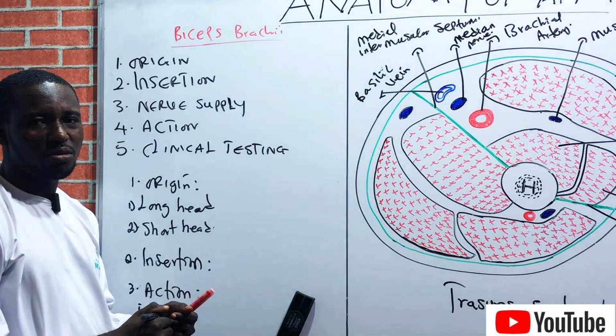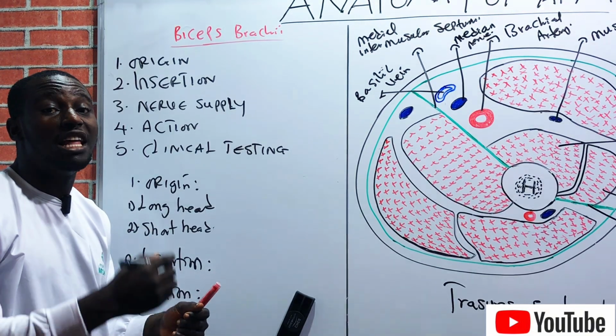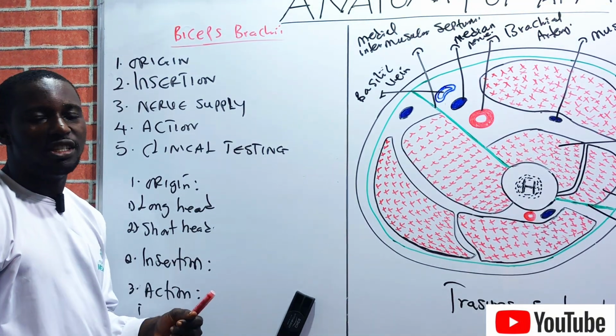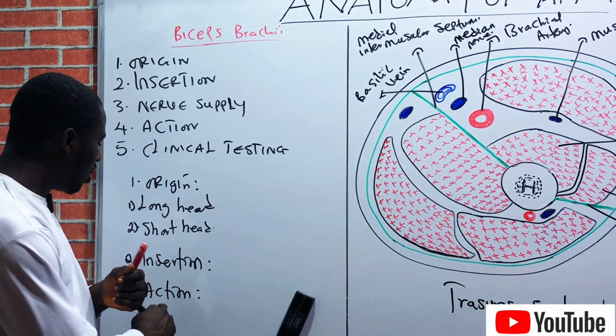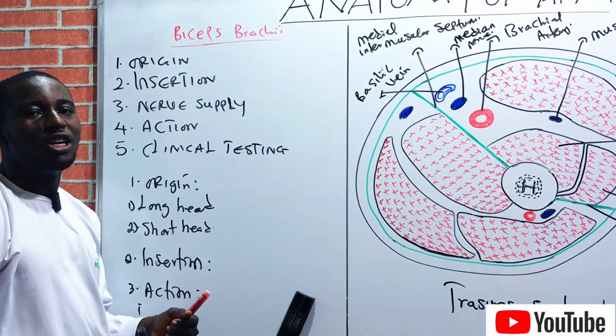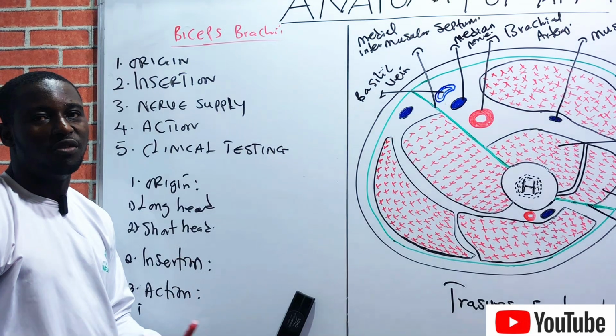Number two, it is a powerful flexor of the forearm when the elbow is flexed. The number three action of the biceps brachii is that it is a weak flexor of the shoulder joint.